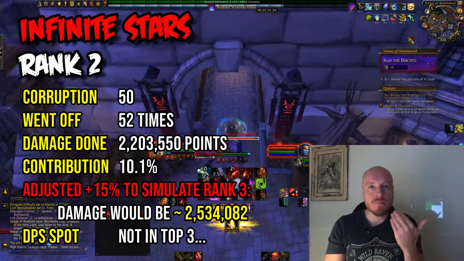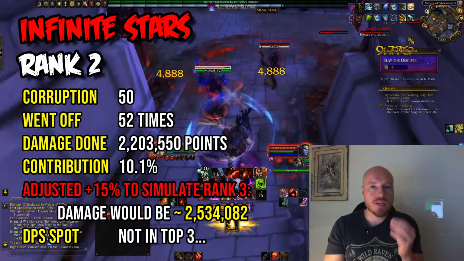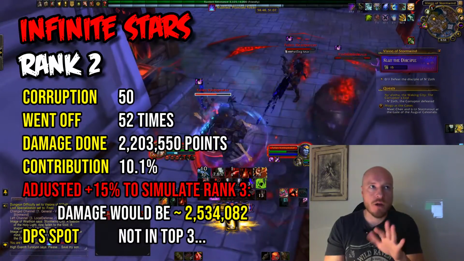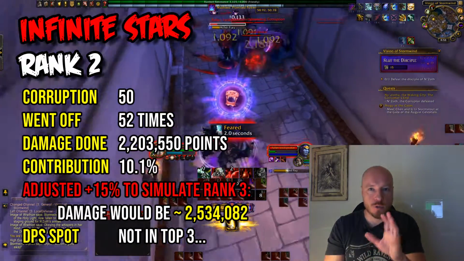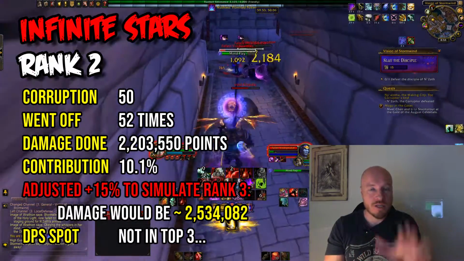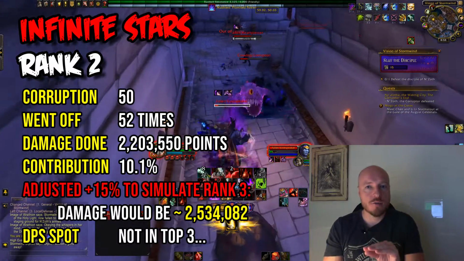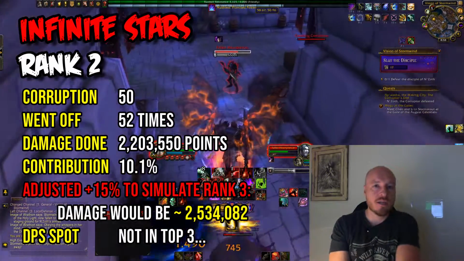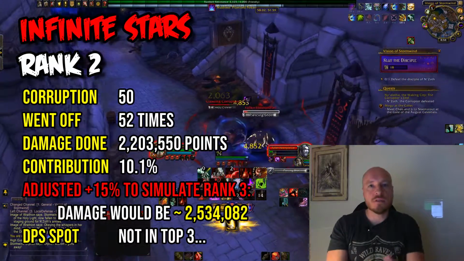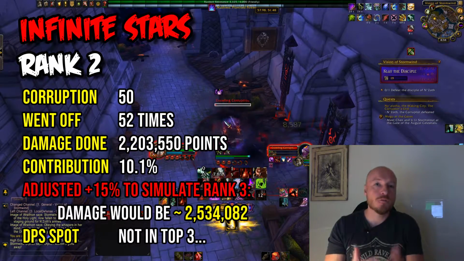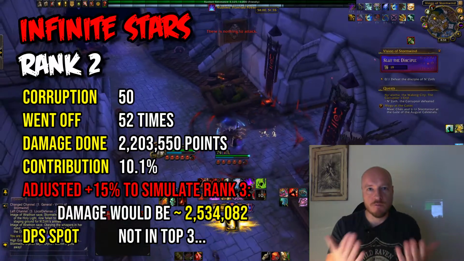But by memory, I think that Infinite Stars rank 3 was supposed to hit at around 27,000 per hit. So 23-ish at rank 2, 27 at Infinite Stars rank 3. I believe so. That indicates an increase in the numbers by about 15%. So the next rank would hit for 15% more.